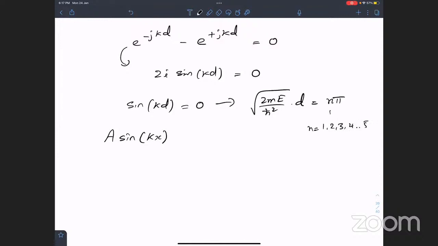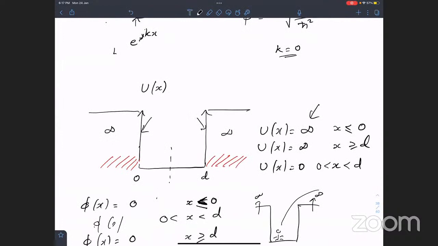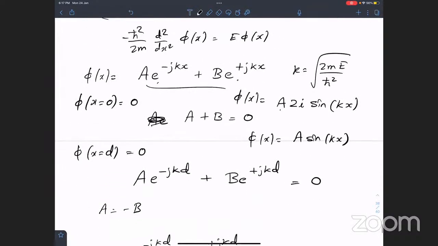So why is it not 0? I'll show you. Because if k itself is 0, then the wave function will vanish. If it vanishes inside also, that means the wave is not there at all, right? So that's not possible. I'll come to that a little bit later.